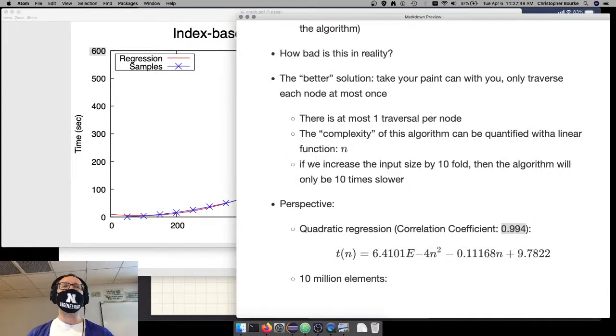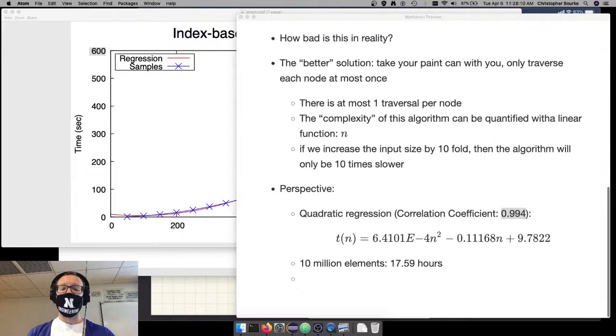So if I bump it up to 10 million, that's going to be 100 times slower. 10 minutes times 100 is going to be 1,000 minutes. How much is 1,000 minutes? Almost a full day. 17.58 hours.